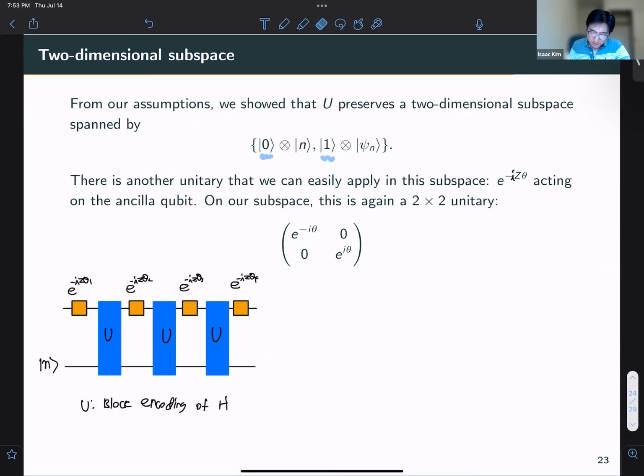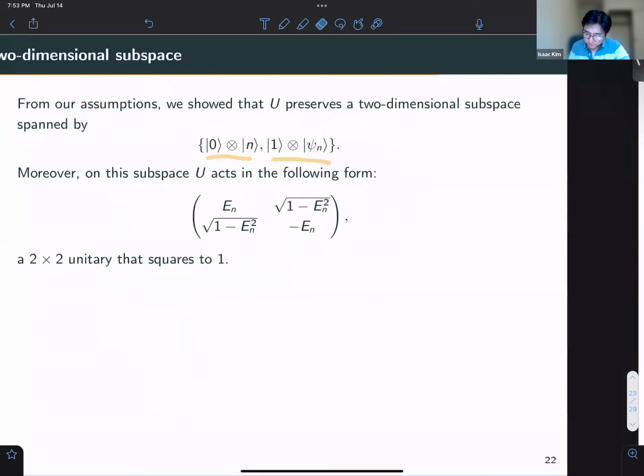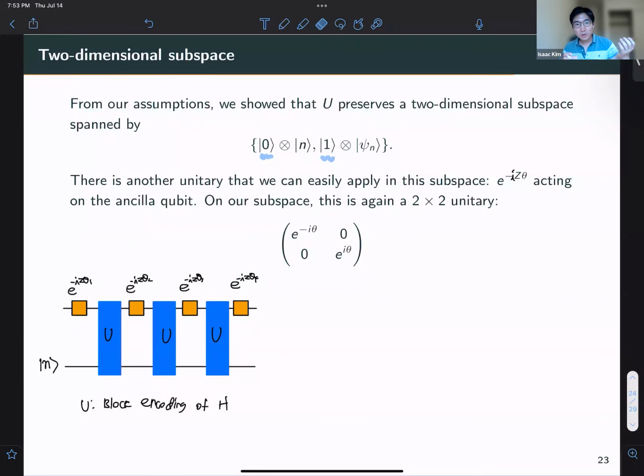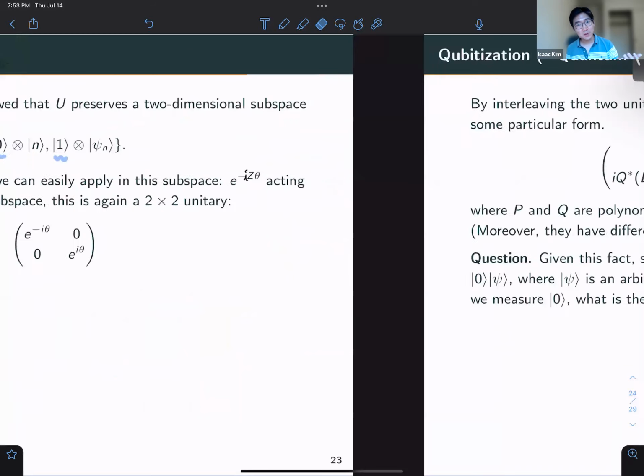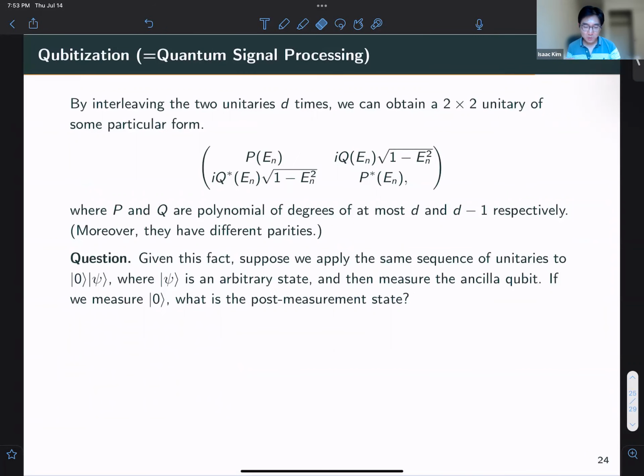And the thing is, when we keep on iterating this thing, we are restricted to this two-dimensional subspace, and the action of these unitaries, once you reorganize everything, turns out to be in this very nice form.